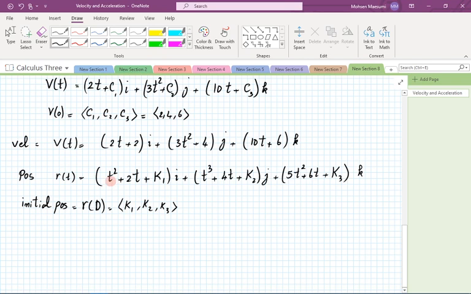You have to go and check really. Yeah, it's not always the case that these things become 0, but in this problem, since they are all polynomials, at time 0 they all just become 0. And so I am given some numbers for my initial position, and therefore I can recover my position.